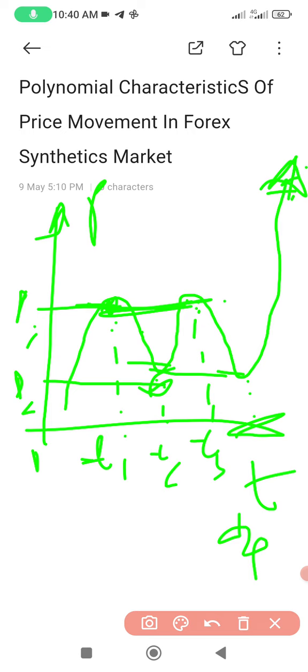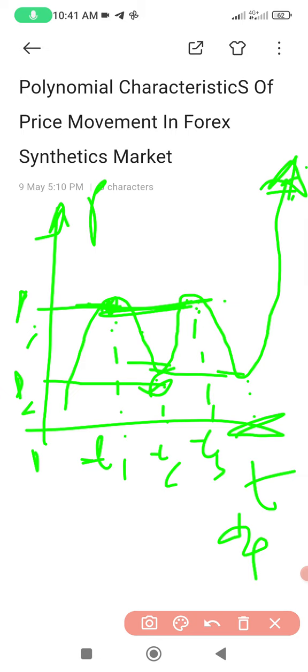So what do you notice here? You notice that the way price moves, it moves in such a way that the same price can repeat itself in future. Price can create the same results but at different times.